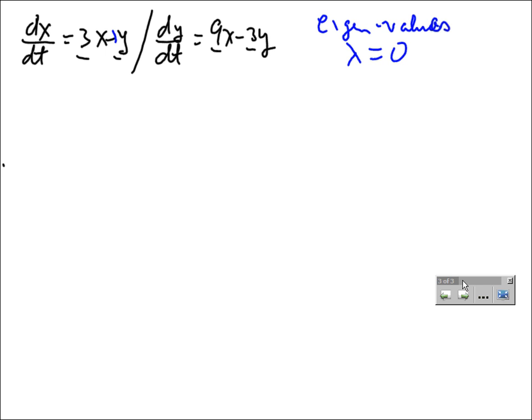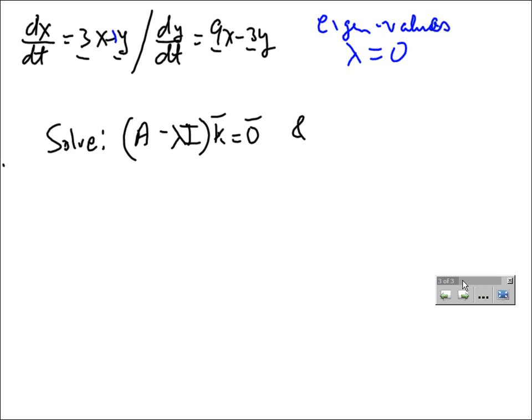Alright, so what happens when a root is repeated? What happens then is you want to solve the following. The first thing you want to solve is just like before. A minus lambda I times k is equal to the 0 vector. And you also want to solve A minus lambda I times vector p, but this time it's not homogeneous. It equals k.